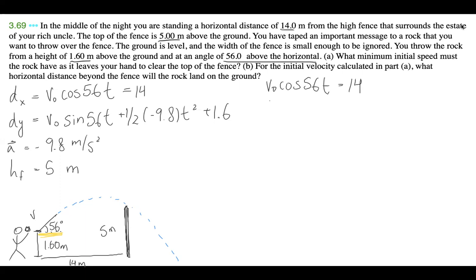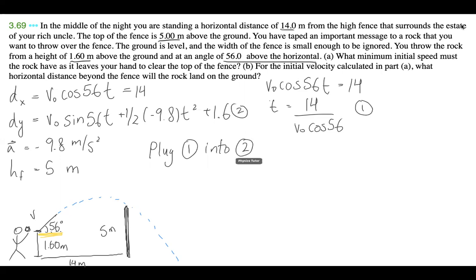So t is equal to 14 over v naught cos 56. And we can plug that into, so we have our equation 1, and we can plug that into 2. So plug 1 into 2.